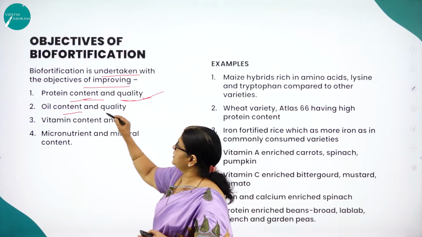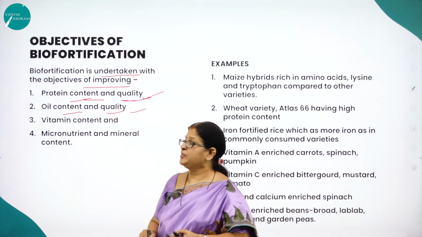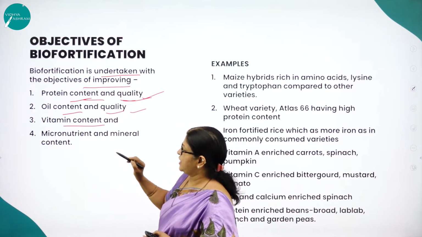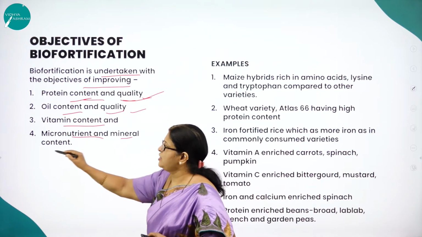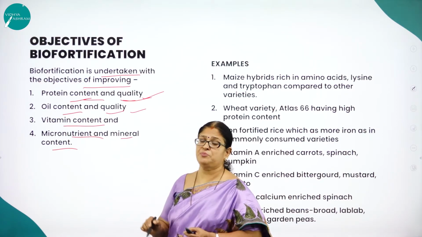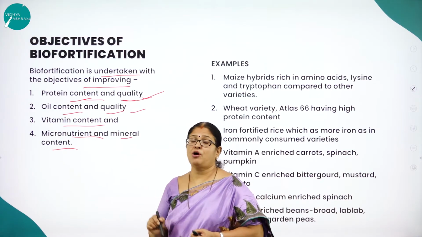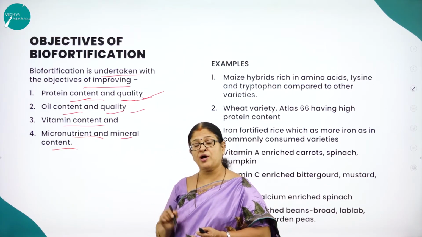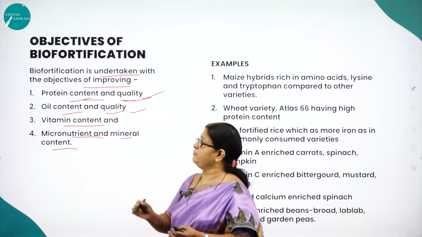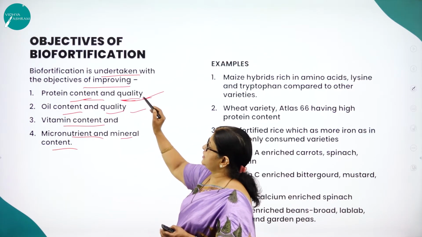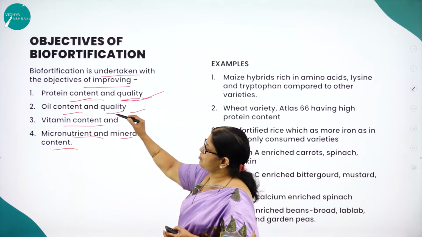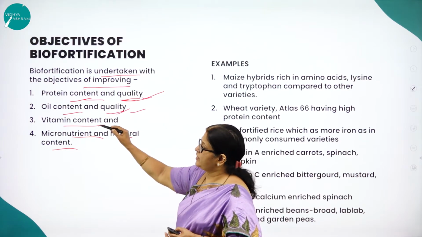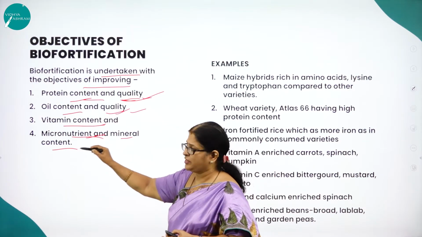Then oil content and quality, very, very important. Then vitamin content and micronutrient and mineral content. So the main objective is to retain all the micronutrients in the food crop, and even the quality and the quantity are maintained. So the first is protein content and quality, second is oil content and quality, and then vitamin content and micronutrient and mineral content.